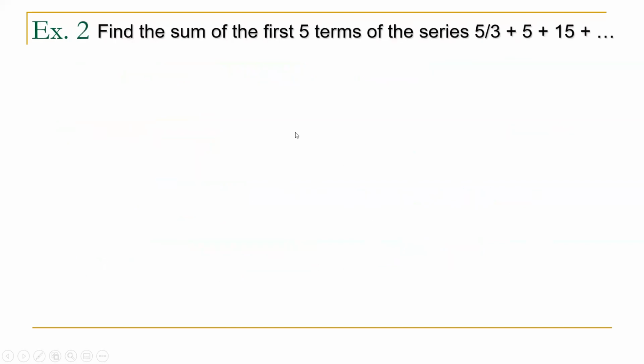Example number 2. Find the sum of the first 5 terms of the series 5 over 3 plus 5 plus 15 and so on and so forth. So we have here, for the common ratio, kunin muna natin yung value ng common ratio. So we have 5 over the quantity of 5 over 3, and that is equal to 3.